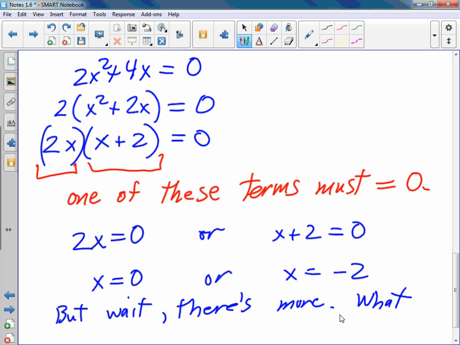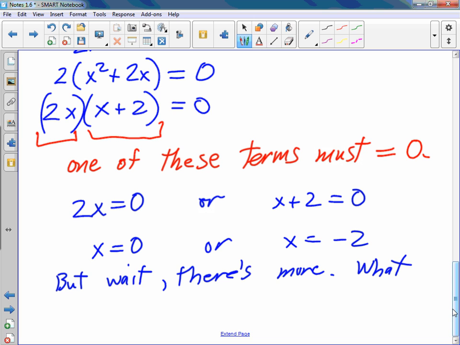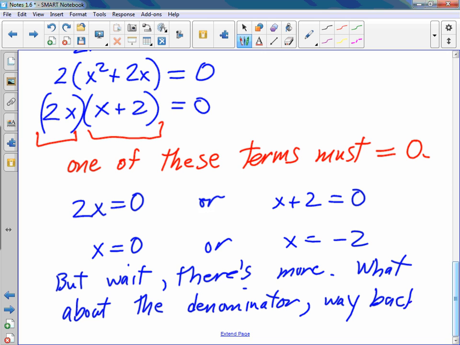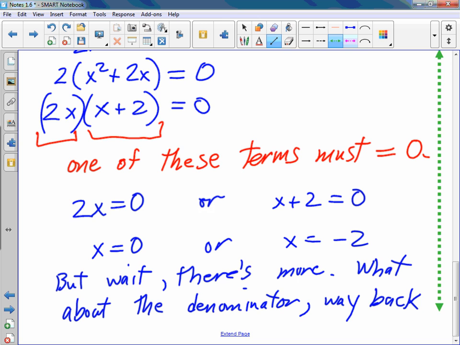What about the denominator way back? Let's see if we can get something cool here. Something groovy. Now, I want it to be straight. Going up here.